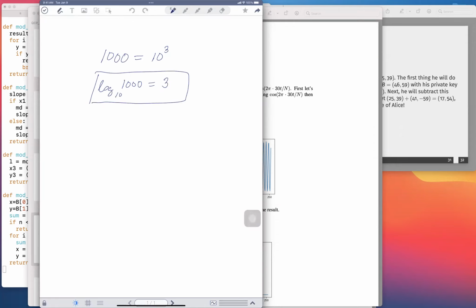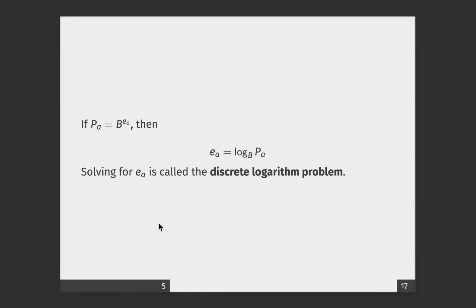That's the definition of logarithm. But in this case, this is called the discrete logarithm.